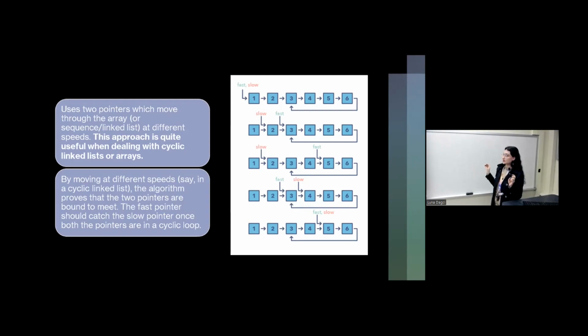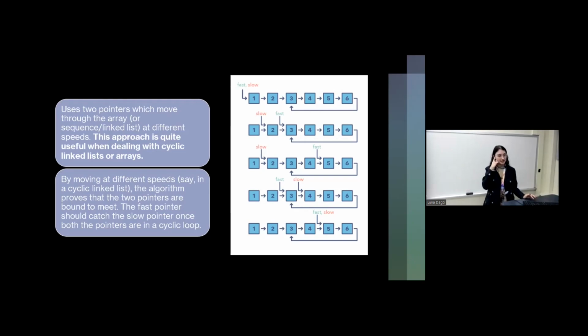So this pattern is typically used in linked lists to find a cycle, which is also a very popular technical interview question. Basically we use two pointers that are kind of adjustable for linked lists. These two pointers move through the array or linked list, and they have different speeds, as I said earlier.